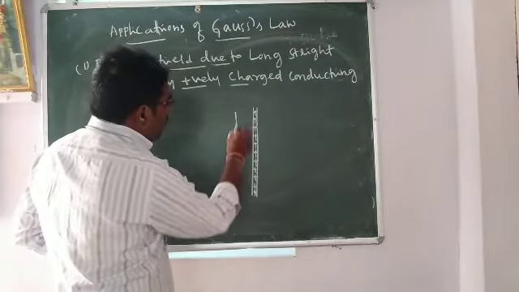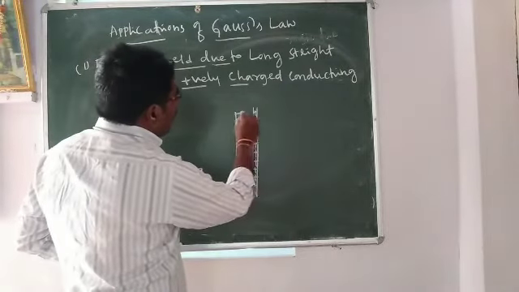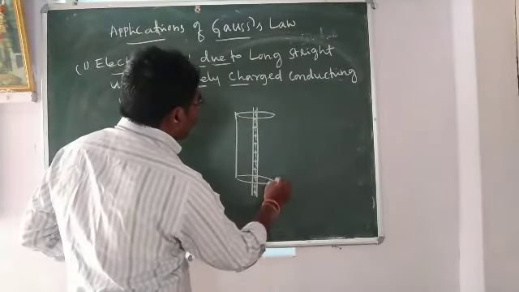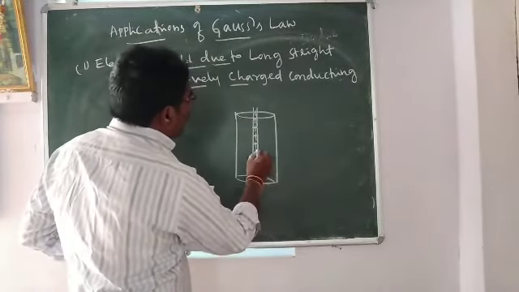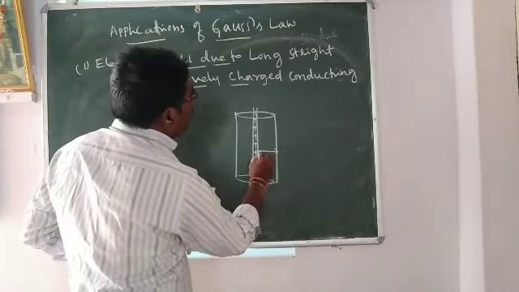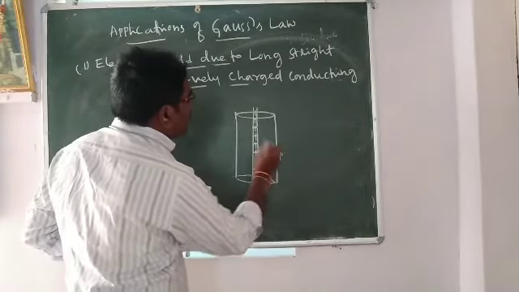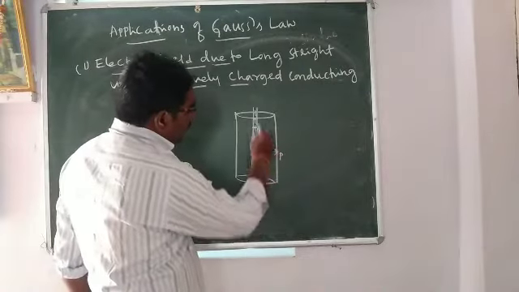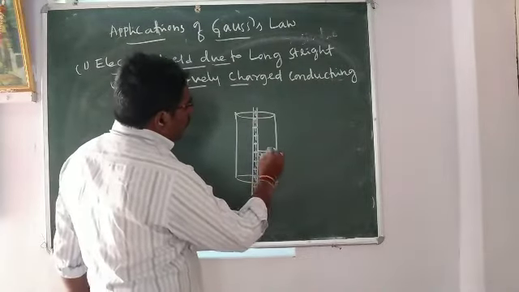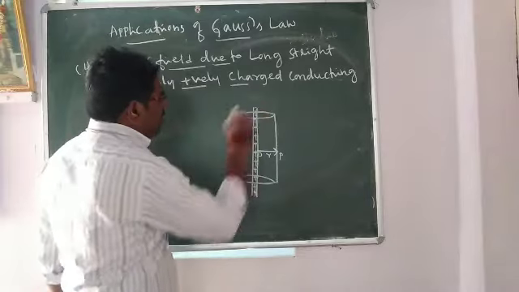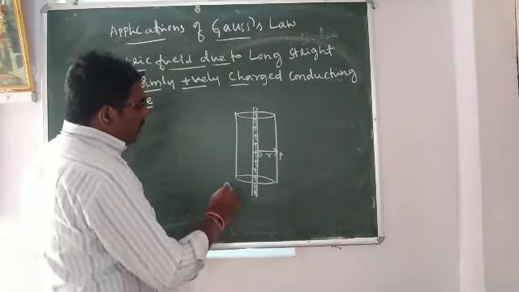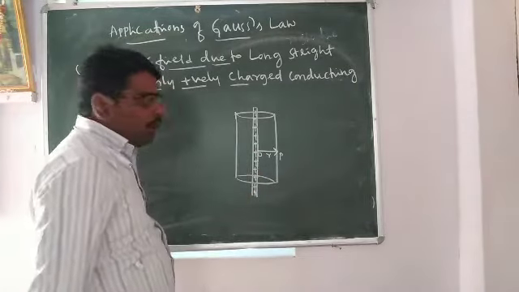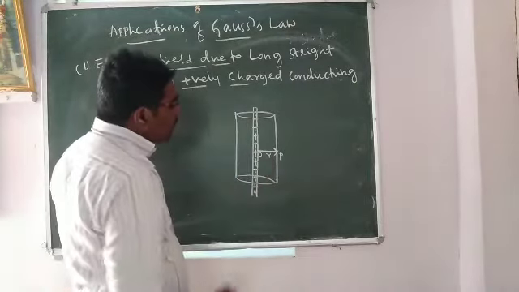This is the imaginary cylindrical Gaussian surface. The electric field at point P is always in radial distance. The electric field due to this conducting wire is always radial. But calculate the electric field at point P by using Gauss law. How to calculate electric field at this point P?